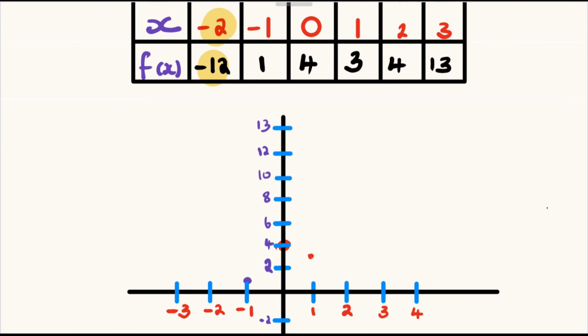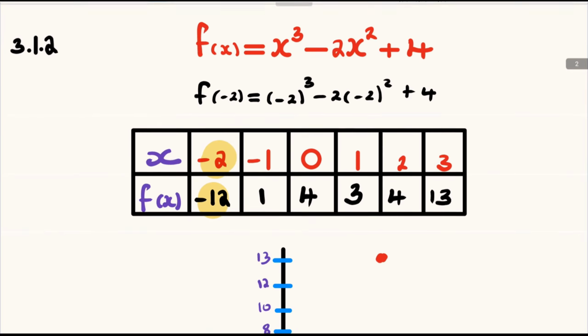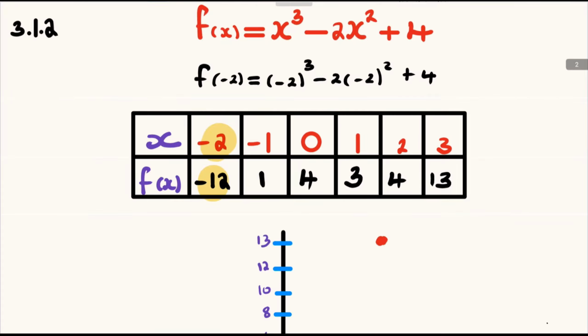When x is equal to 2, y is equal to 4. So we have 2 and 4. And when x is equal to 3, y is equal to 13. So we have 13 there. And we also had another turning point, 1,33 and 2,81.